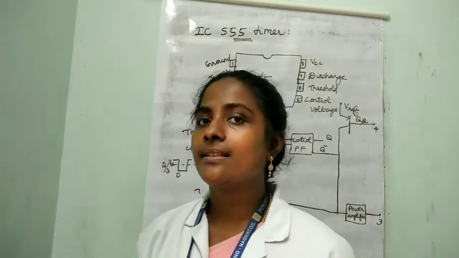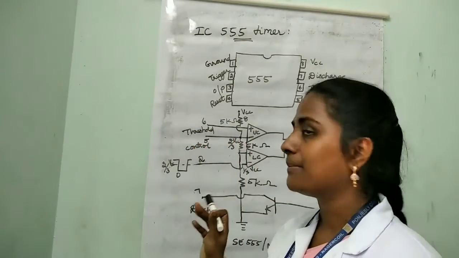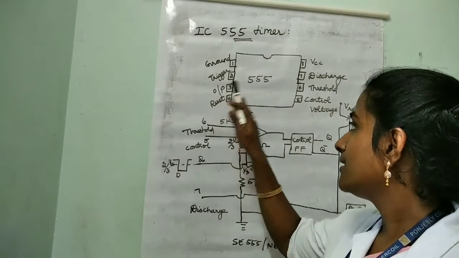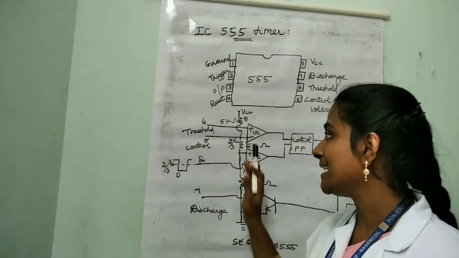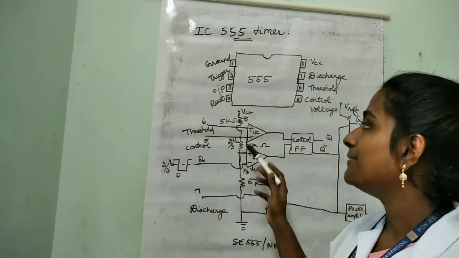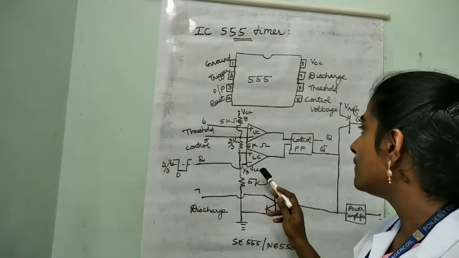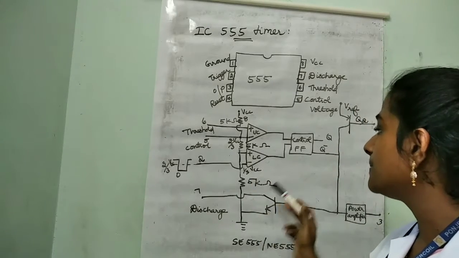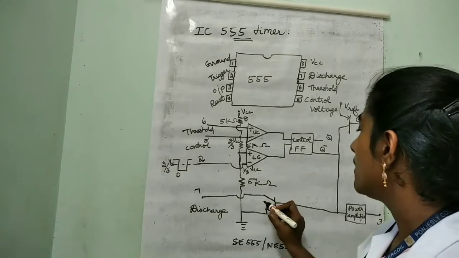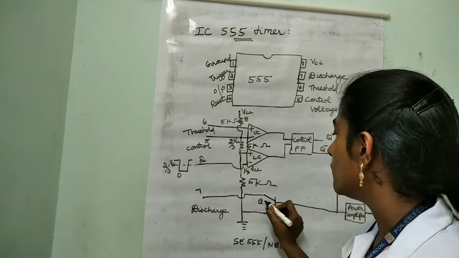Here, in the IC555 timer we have its pin diagram. This is the block diagram, that is, the internal construction of this IC555 timer. We have an upper comparator, a lower comparator, a flip-flop and a transistor. This transistor is Q2 and this transistor is Q1.